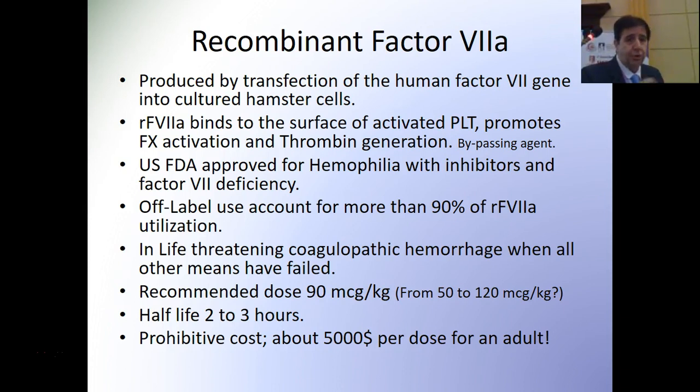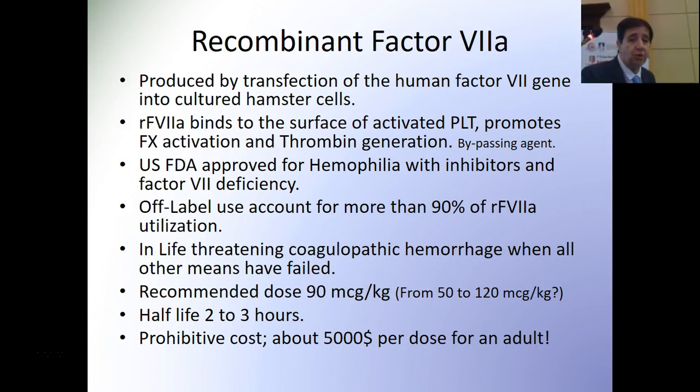Also, the dose recommended by the manufacturer is 90 micrograms per kilogram of body weight. However, we do not have real studies about how much we need to use in particular situations. When we read about it, we see people have used between 50 and 120 micrograms per kilogram.